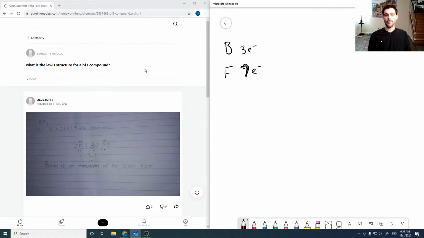So we can start off by trying to do our simple approach, just put the number of valence electrons and line them around. And then attach.